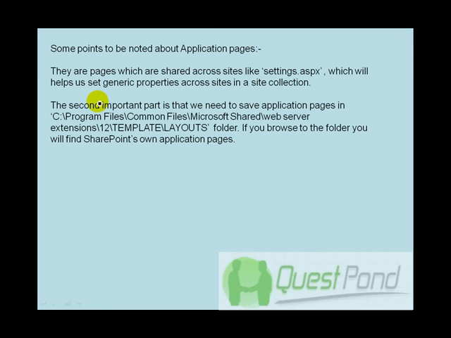Now some couple of points to be remembered about application pages. First, as we said that they implement generic functionalities, they are pages which are shared across sites. So settings.aspx or forgot password.aspx, such kind of pages are shared across sites. The second important part is that they are saved, or they lie, in the layouts folder of SharePoint.